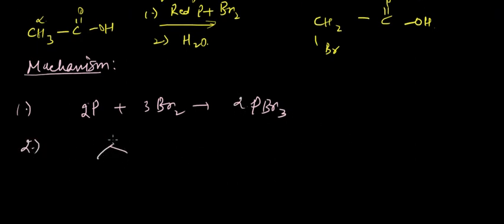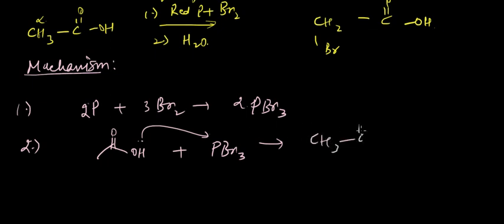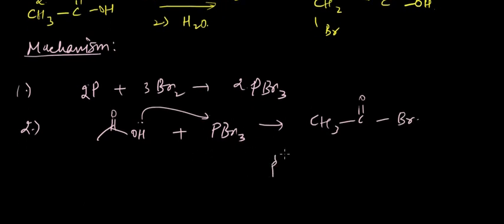Second, what will happen is, this is the acid which we took. This PBr3 will actually attack on it, or rather oxygen atom from the PBr3 will attack on it, and as a result we'll be getting something like this. I hope you understand the mechanism behind the scenes. We have PBr3 something like this.